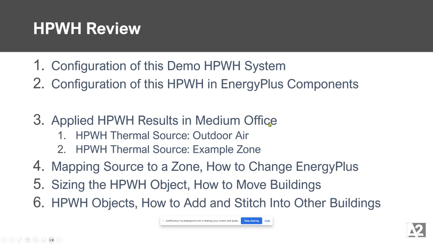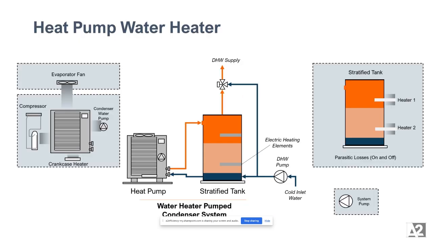And we're going to then talk a bit about how we use our pre-sizing tool to build all those inputs. And then as a second video, an additional, I'll show you how you can add it to an internal zone instead of sourcing thermal heat from outside. I'll demonstrate how you could also put it in a room and what that looks like.